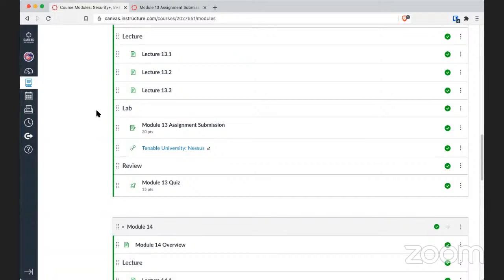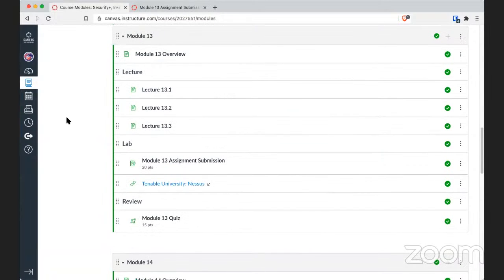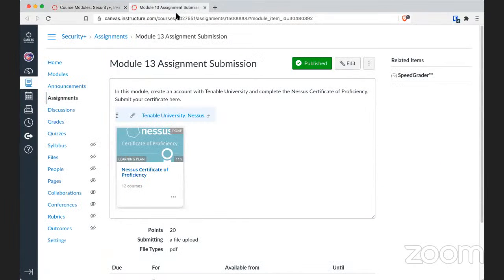Your lab, I know that it's Thanksgiving week, so you probably won't do much. Trust me, I am already feeling the same. There is only one thing to do besides the quiz, and that is the Tenable University's Nessus course. Your goal is to get the certificate of proficiency.